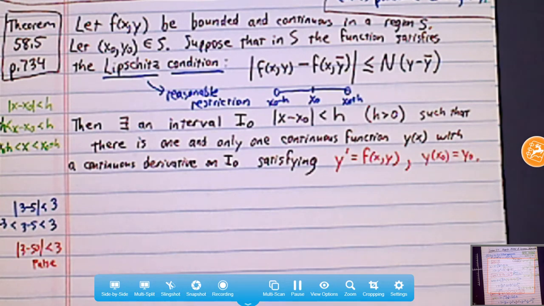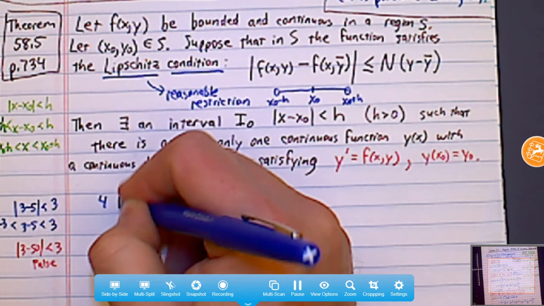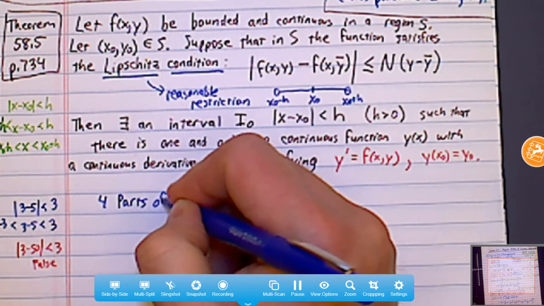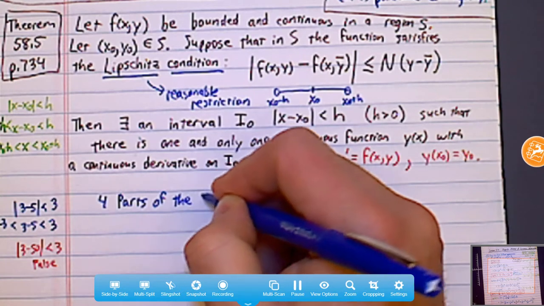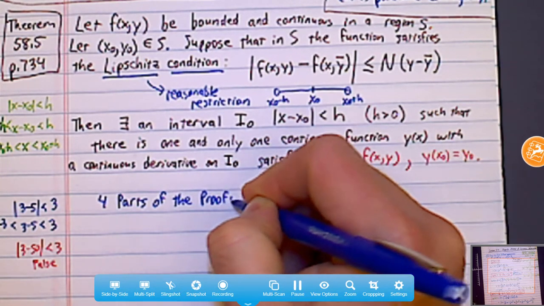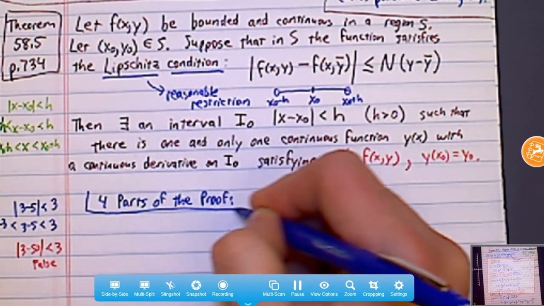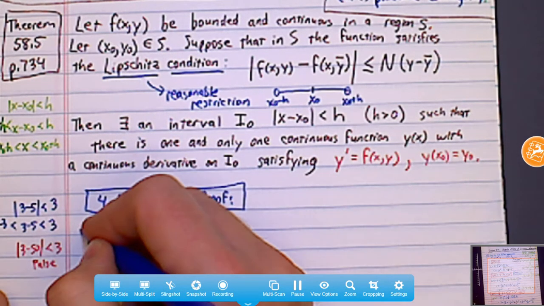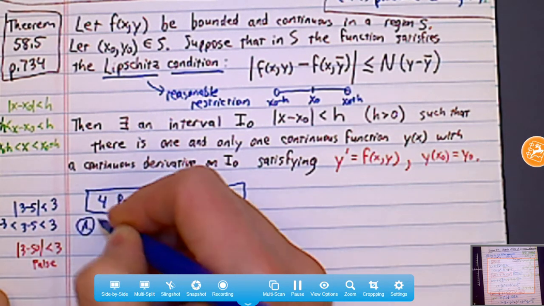All right? So here we go. We're going to write down the 4 parts of the proof, then we're going to take a break for Preston and whoever else needs it. 4 parts of the proof today. Ready? Your book is really good about this. They break it down into steps. So part A. Part A of the proof is this.